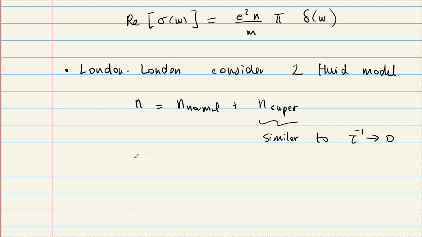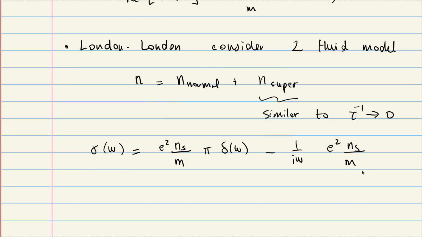And they considered sigma of omega to be e squared ns, this superfluid density, divided by mass times pi delta of omega minus 1 over i omega, e squared ns over m.